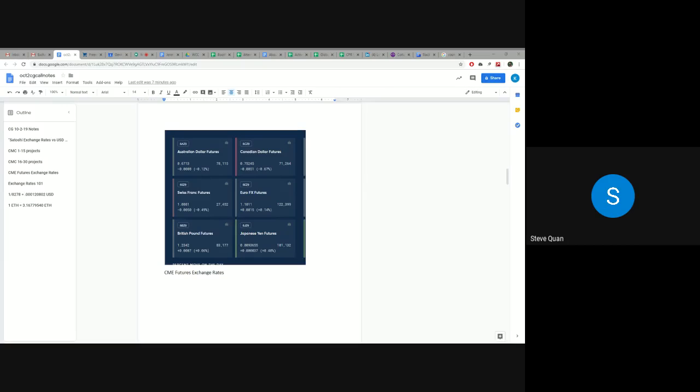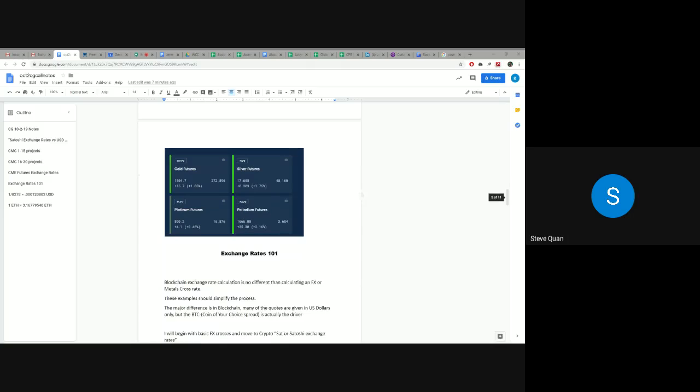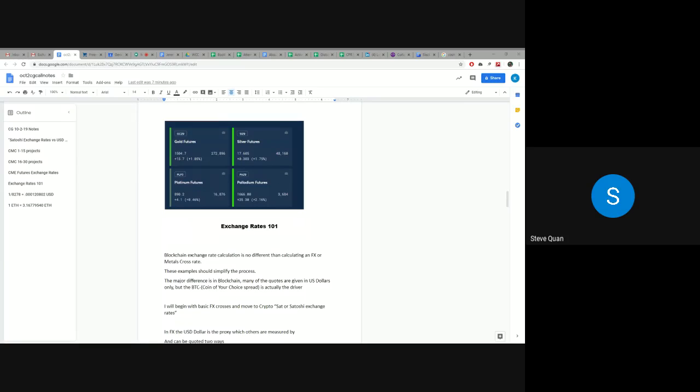Now, if we can go to the next one, I start with examples. These are metals, and here I'm just going to read through. As I was saying, with exchange rates and crosses, it's just one divided by the other, A divided by B or B divided by A. The most obvious one, which many of us are familiar with because it's the native currency, is the US dollar.